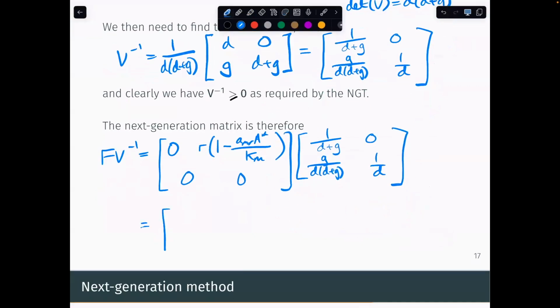A little bit of matrix multiplication. The nice thing now, if you notice, is that lots of terms are going to 0. So this top left entry, for example, is just going to be RG over D times D plus G times 1 minus AMR A star over Km.